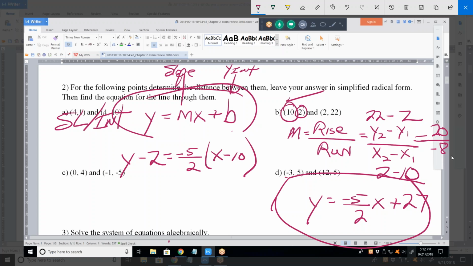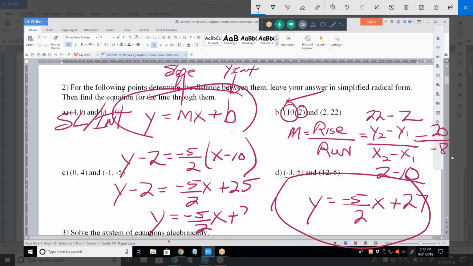Well, if I do the math, I get y minus 2 equals minus 5 halves x plus 25. Bring the 2 over, I get y equals minus 5 halves x plus 27, same thing. So either method gets you the equation.